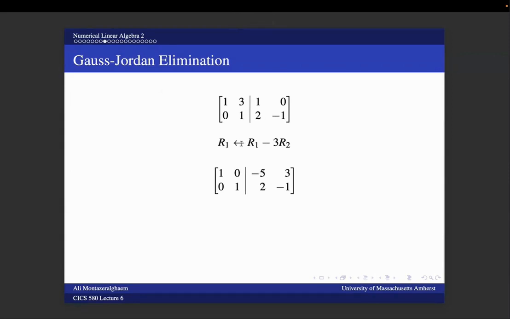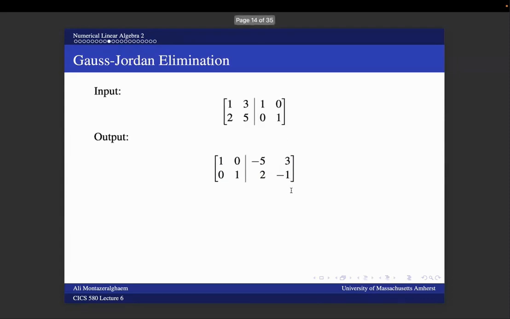And then we multiply the second row by minus 3, and then we add this row to the first row, R1, and replace R1 with the result. And then finally we have the inverse of the matrix here.